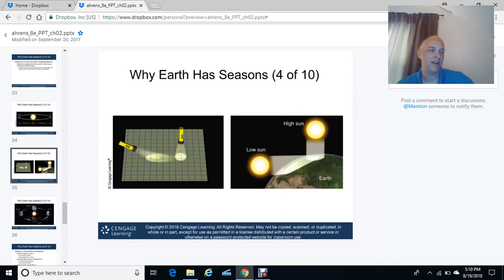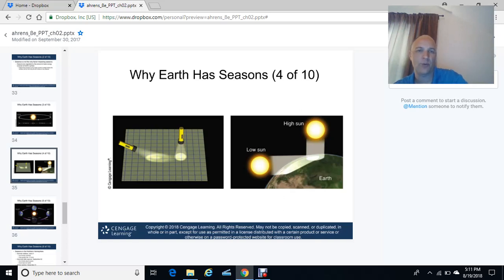Then tilt that flashlight at about a 45-degree angle, and draw a circle of where that light is again. Look at the circle size difference. It's much more spread out when you hold the flashlight at an angle to a sheet of paper as compared to if you hold the flashlight directly overhead.